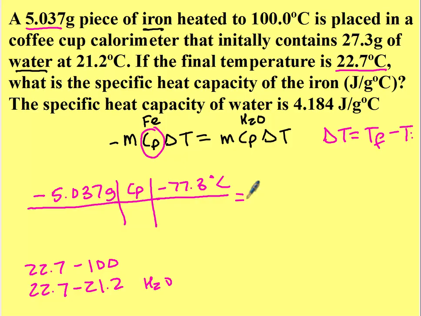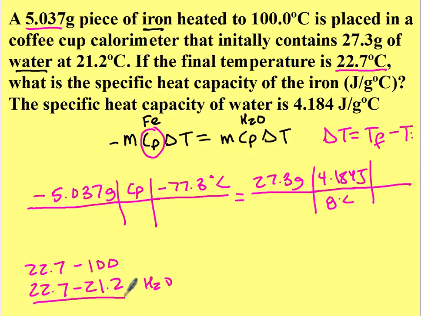And then for water, we have 27.3 grams. Our Cp was 4.184. And our change in temp is what we talked about a second ago. So that's 1.5 degrees Celsius.